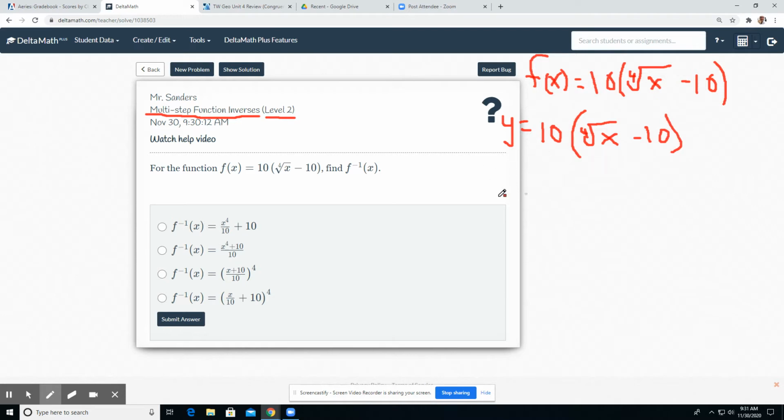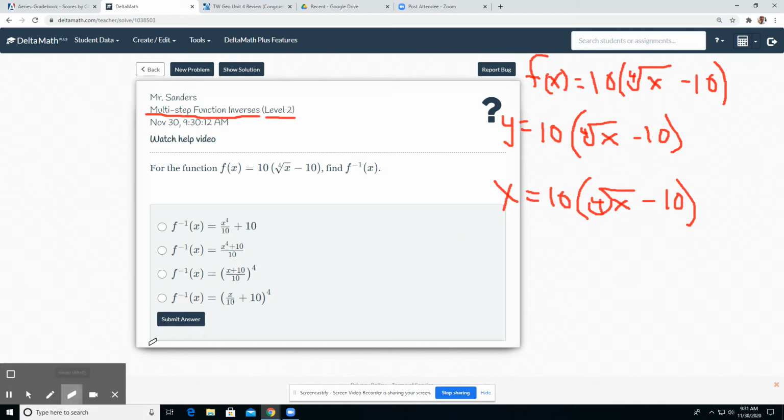Then we switch the letters at this step. That's our y. Okay, and then we want to get the y by itself.